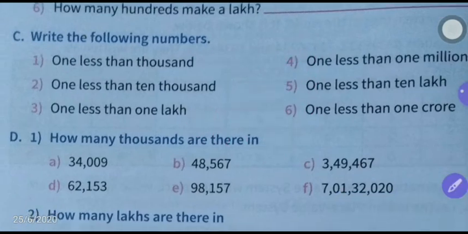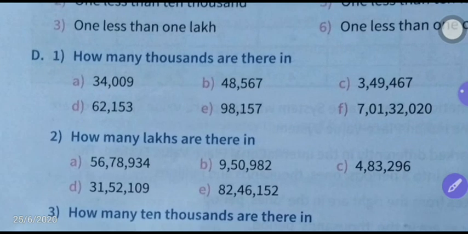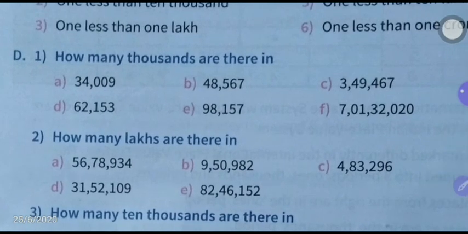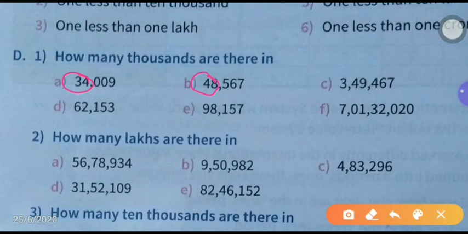See the numbers given here: how many thousands are there? Here 34,000, here 48,000, and here 349,000 are there. Here 62,000 are there, here 98,000.